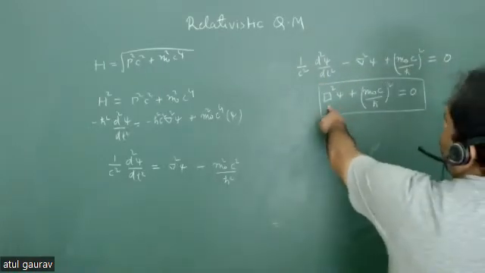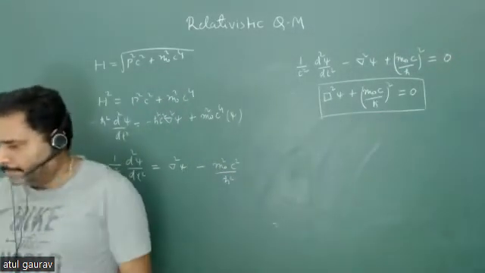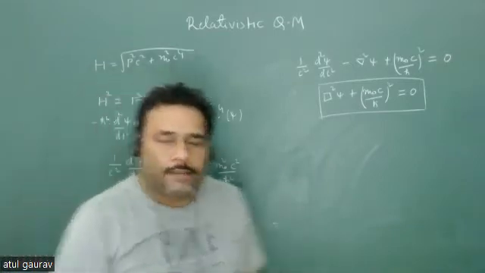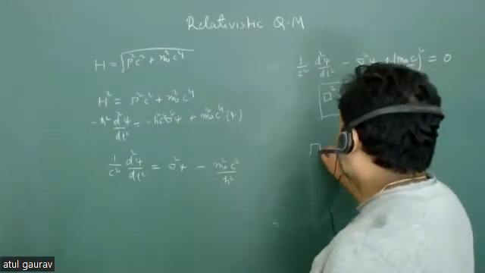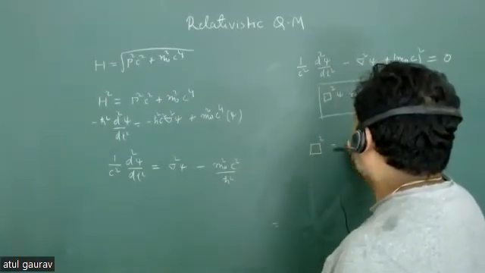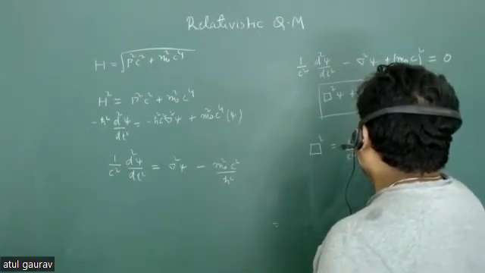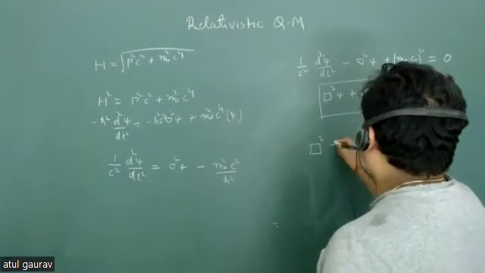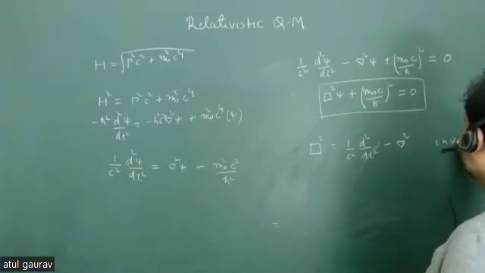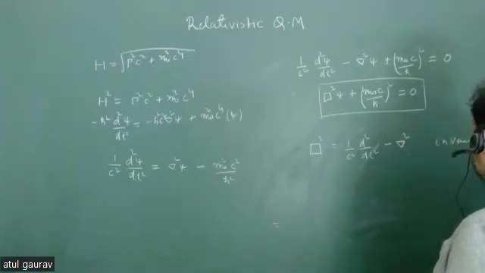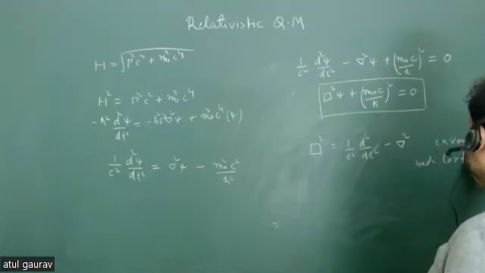And this particular thing is identified as what? De-Lambasian. आपने EMT में पढ़ा होगा या फिर अभी पढ़ोगे, है ना? This is a very wonderful operator, and this operator is identified as the D'Alembertian operator, which is 1 upon c square d square upon dt square minus del square, and this is basically invariant under Lorentz transformation.